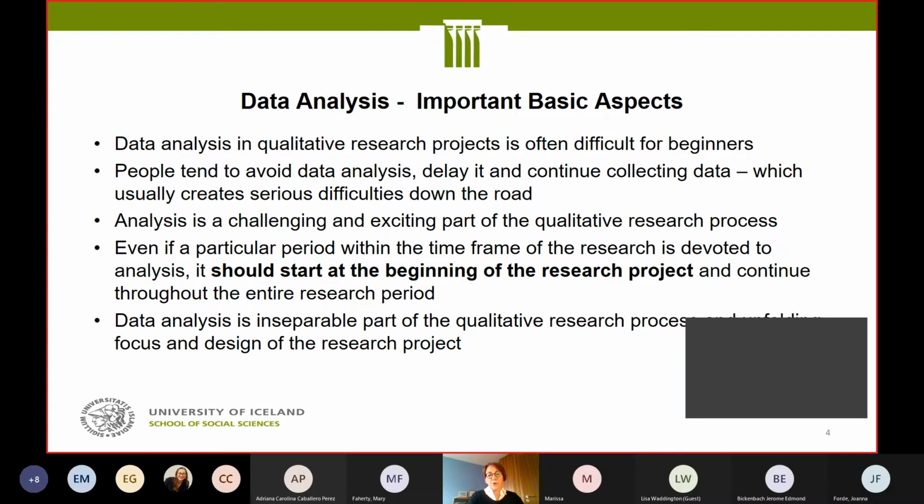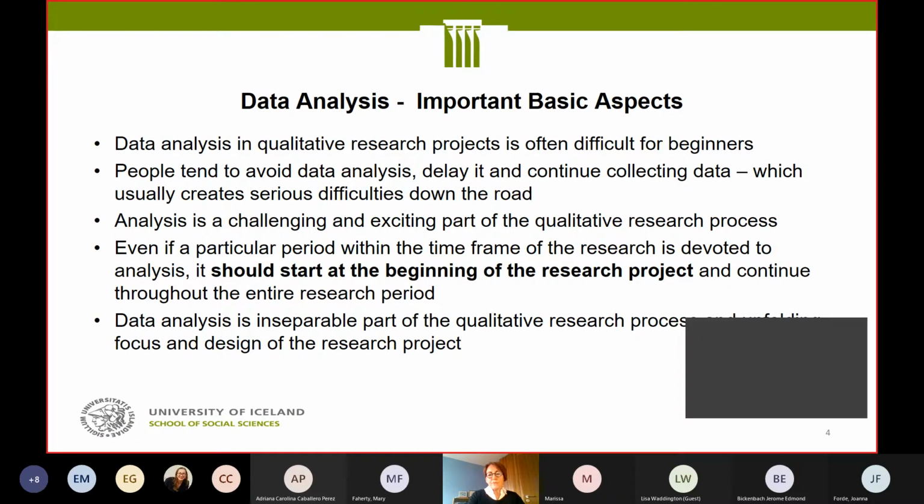That is why it is so important to break it up into manageable steps and start early doing the analysis. Unfortunately, people tend to avoid the data analysis because they don't know how to do it, and they just continue collecting data and do not do much analysis.